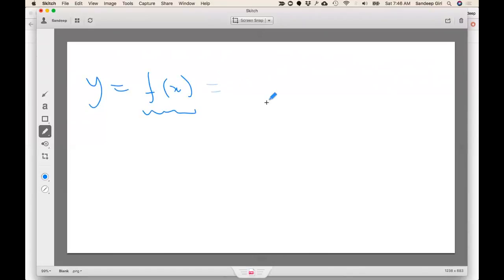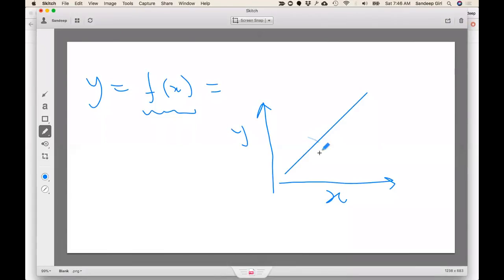One of the functions is, maybe there is a linear connection between y and x, meaning it's a linear line. Now there could be many lines. It could be this line, it could be this line, and so on.